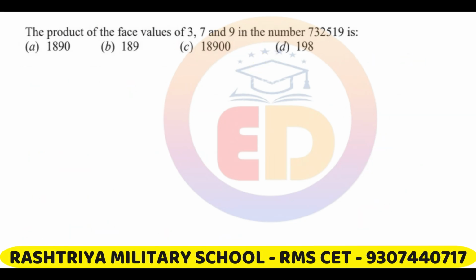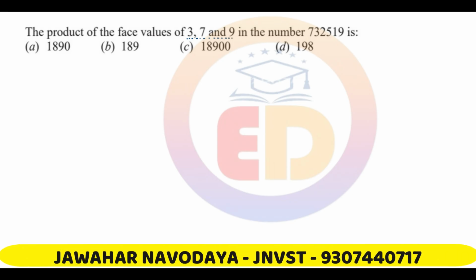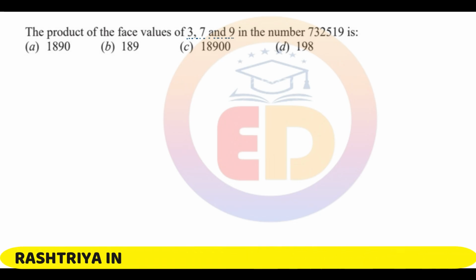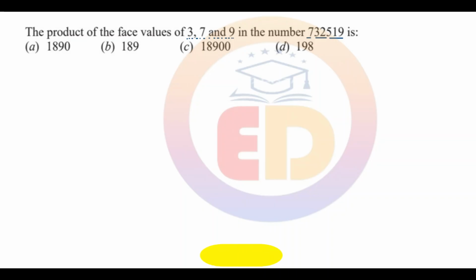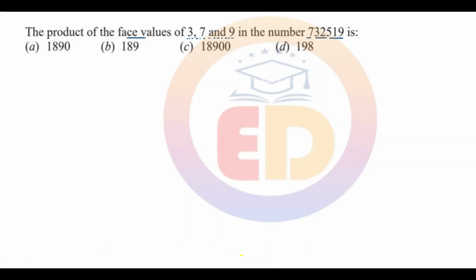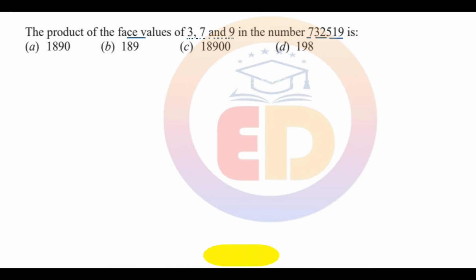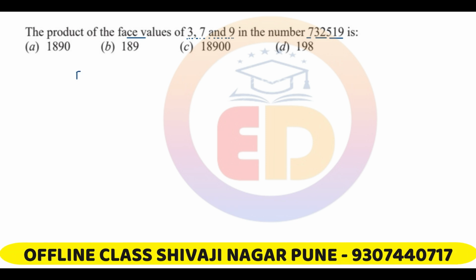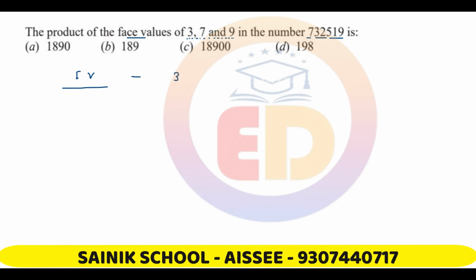Question says the product of face value of 3, 7 and 9 in the number 7,32,519. Understand that for finding the face value of 3, 7 and 9, we don't need the number at all, because the face value of 3, 7 and 9 will be 3, 7 and 9.